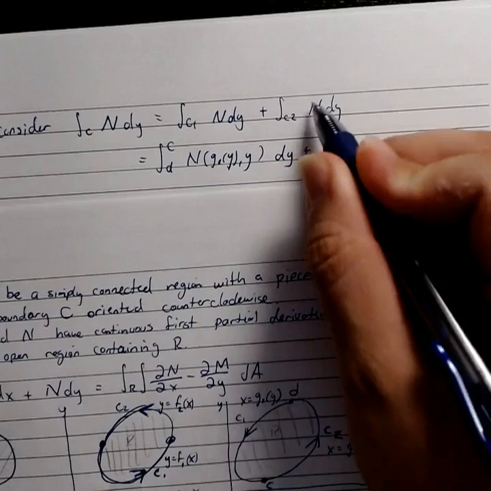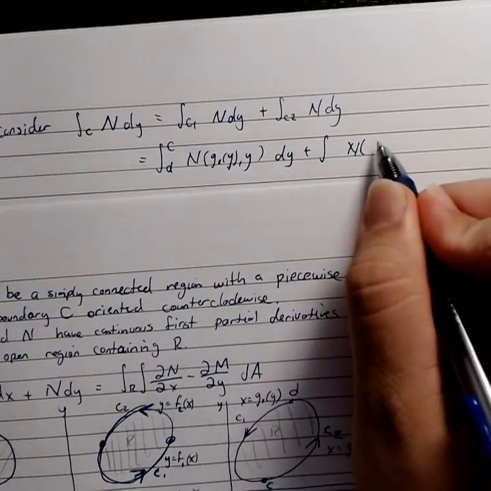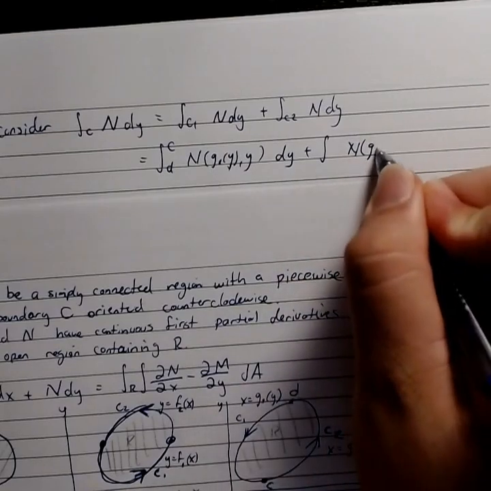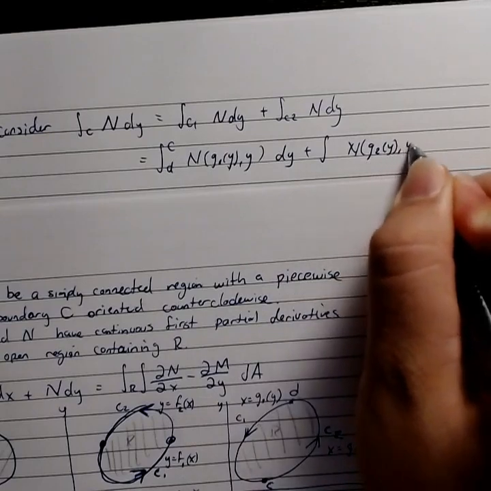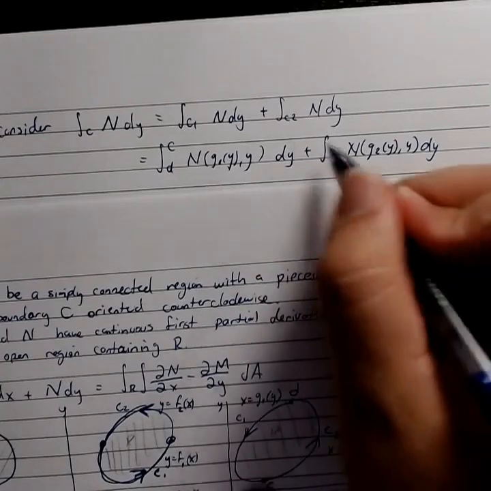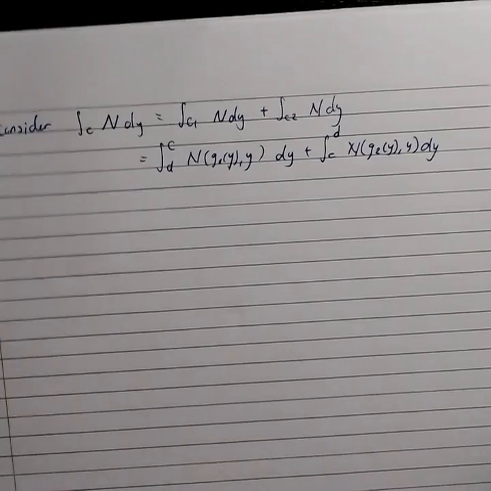Plus, I'm going to do the same thing over here. I have n, and n is a function of x and y, but because of the substitution here, I don't have to write it as x and y. I can write it as a function of y, comma y, namely g2 of y, comma y, dy. And now this one's going from C up to D. Okay, so this one's from C to D. Well, now that I have that, note that I can flip my boundaries just like I did before.